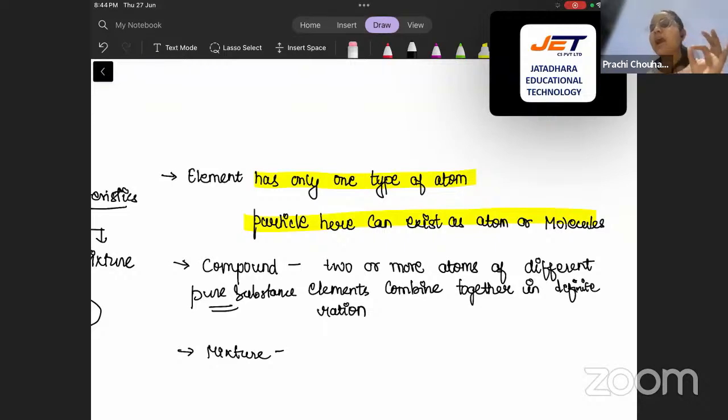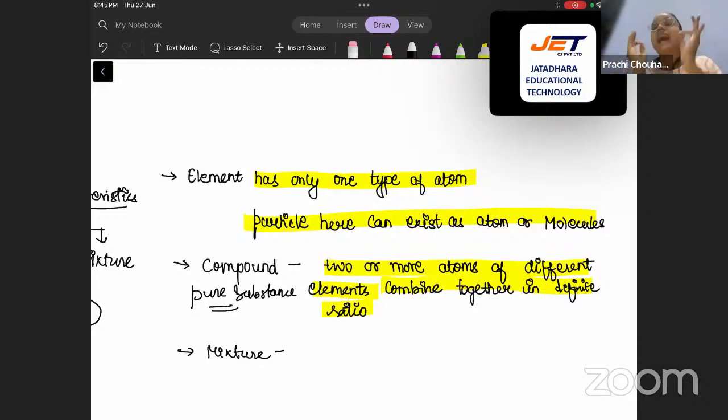And in compounds, two or more atoms of different elements combine together in a definite ratio. So how do we define compounds? Two or more atoms of different elements.